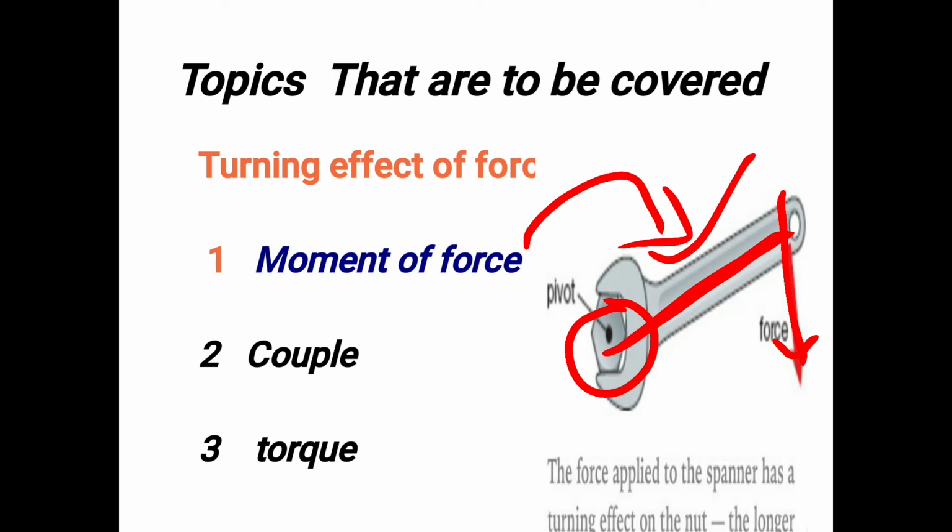Why? Because there is very less space or distance between our hand and this nut. So what we are doing, we are increasing the distance of the force from the pivoted end. We call it pivoted end. Pivot means the point at which the object, a body, can rotate but can't move from it.